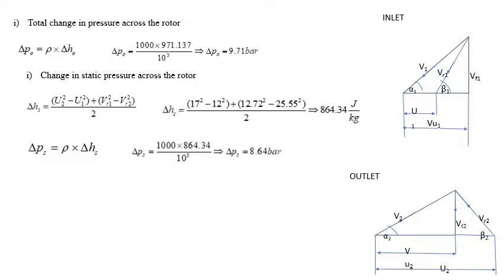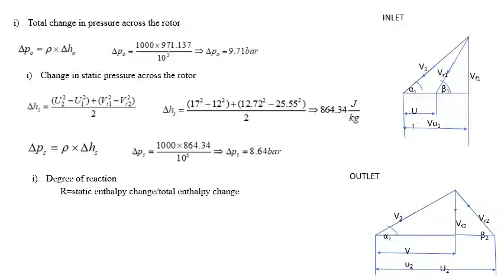So now delta Ps, or static pressure change across the rotor, is equal to rho into delta Hs. The delta Hs calculated in the previous expression is 864.34 joules per kg. After the substitution of delta Hs value and multiplying with the density, we will get the change in static pressure across the rotor as 8.64 bar.